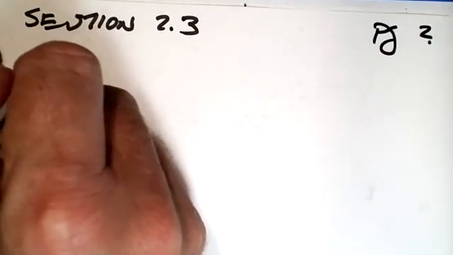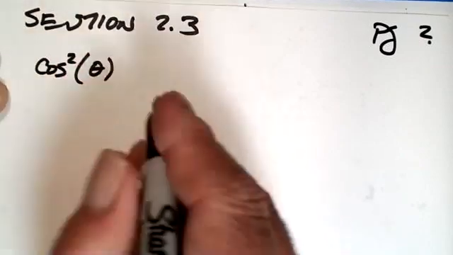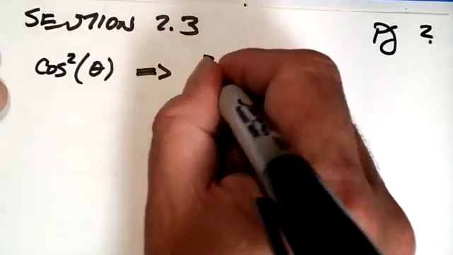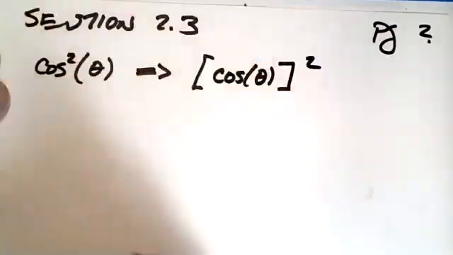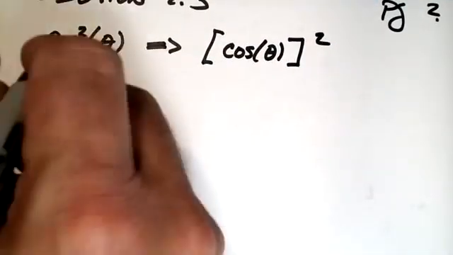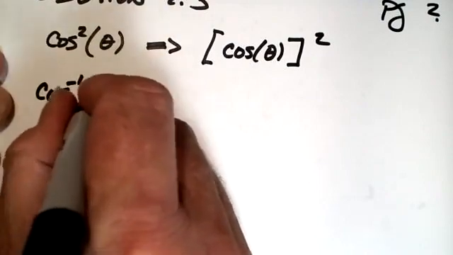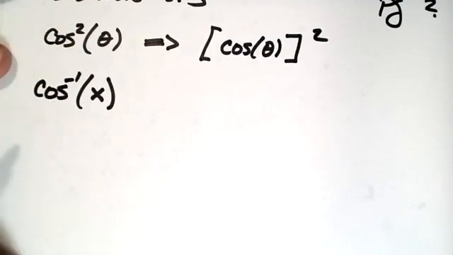But if you recall, cosine of some angle squared looks like this, and that means you take the cosine of the angle, you compute that first, and then you square it, right? So what does this mean? Let me just use a different variable because it turns out that this is not an angle.